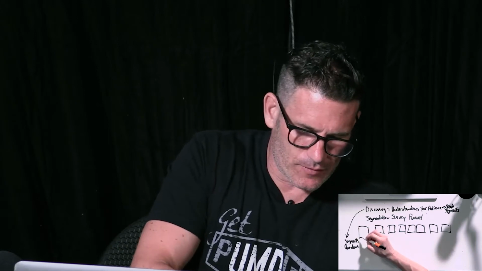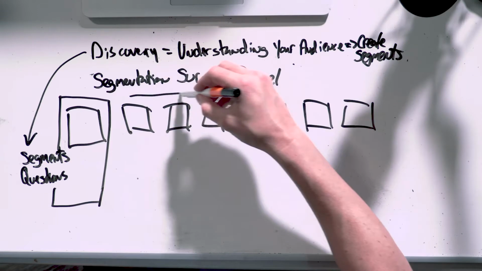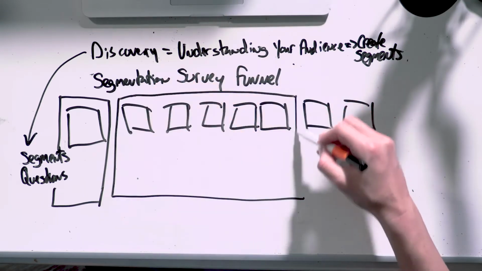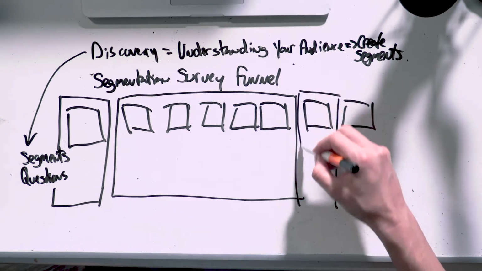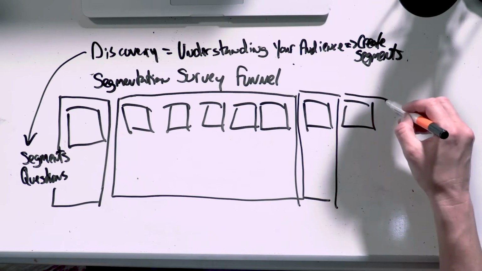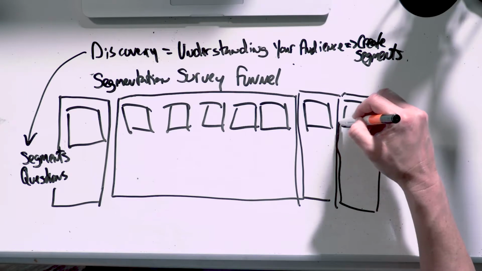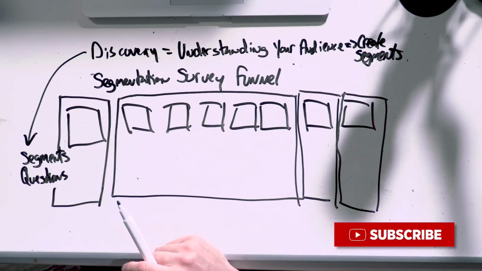Now, if you break it up, you have one, two, three, four. There's 4 sections in your surveys for your segmentation funnel.